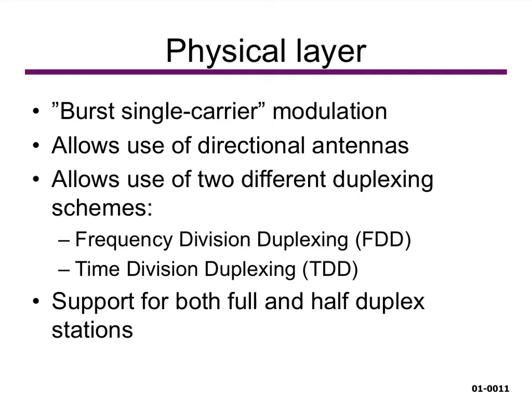So in that case, the frame, as we will see in a minute, is divided in the time domain into one part which is used to send, and another part which is used for reception.